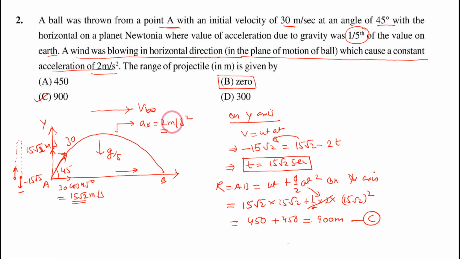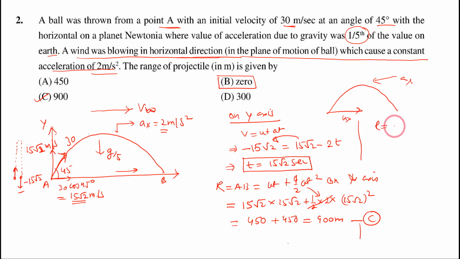In that case there will be retardation, right? It means we throw like this and if the acceleration is in this direction, with the initial velocity in the other direction, we have to use a minus sign for the same thing.